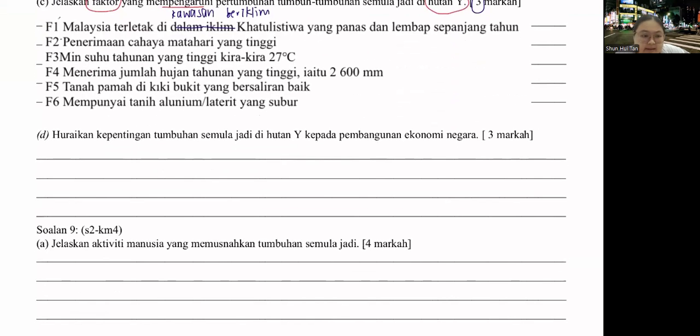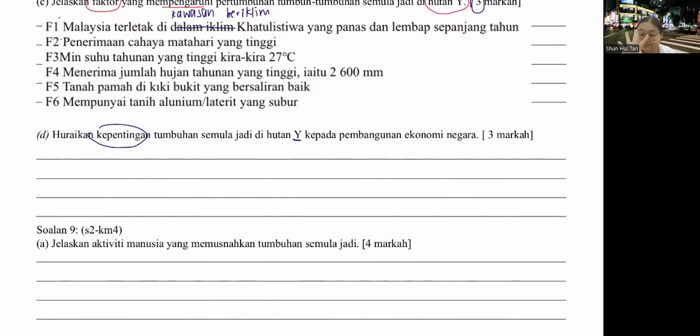Now, and then the next question they might ask is this. Huraikan kepentingan hutan. Read complete sentence, ya. Kepentingan, yeah. We learn what? Kawasan tadahan hujan, habitat, keseimbangan ekosistem.